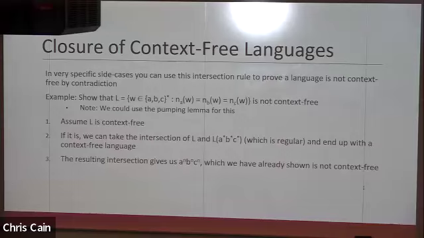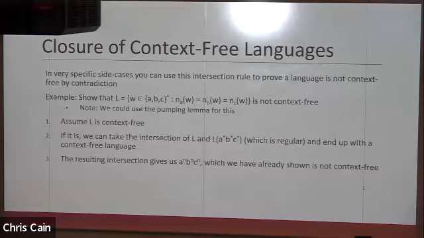A to the N, B to the N, C to the N? Have we seen something about this language before? Did we already solve this with the context-free pumping lemma? We showed that this cannot be context-free.